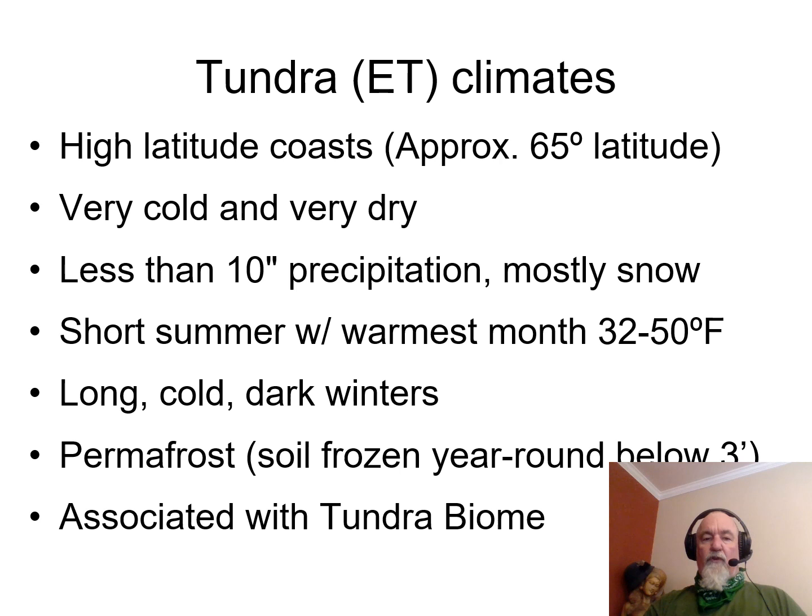These areas of tundra are also associated with permafrost. That means that all year round, if you dig down about 2 to 3 feet below the ground, from there on down, the water in the soil is permanently frozen. We call that permafrost. However, the upper 1, 2, or 3 feet is going to absorb energy from the atmosphere and also from the sun, of course.